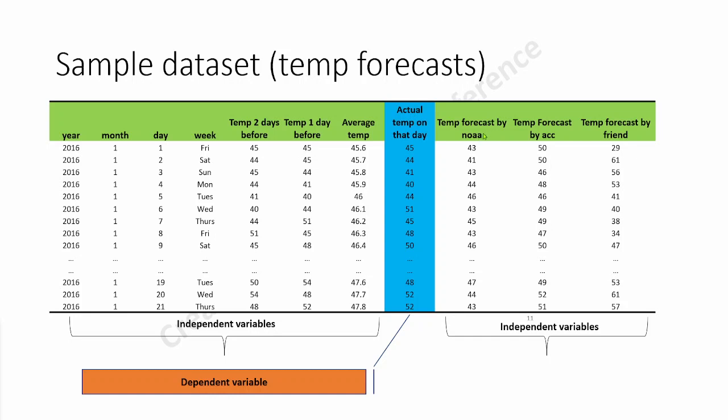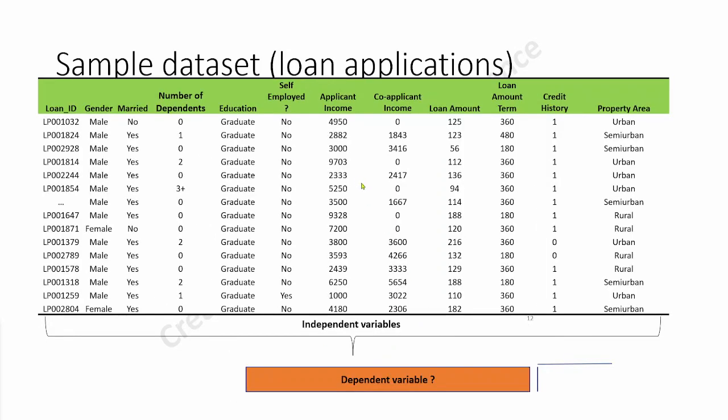Similarly, the temperature forecast by other agencies and the forecast by your friend could be independent columns, and all of these together can help predict or define the temperature for a particular day. So this column in blue would be the dependent variable. Let's look at another example here.